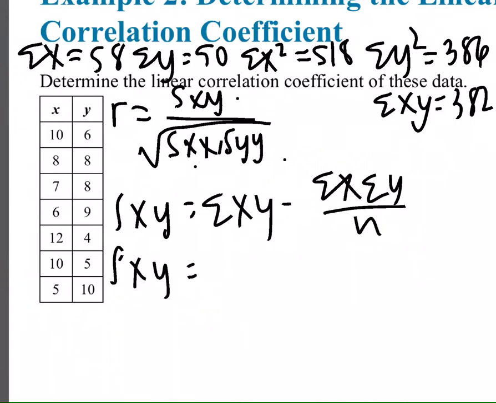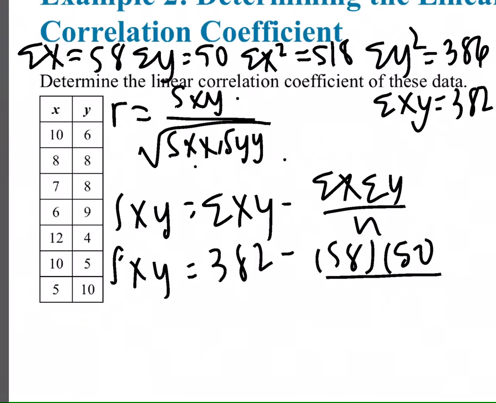The sum of xy is 382, minus the sum of x times the sum of y. But we don't know what n is. N is the number of pairs. So we have 1, 2, 3, 4, 5, 6, 7 pairs. So I'm going to go ahead and put 7.